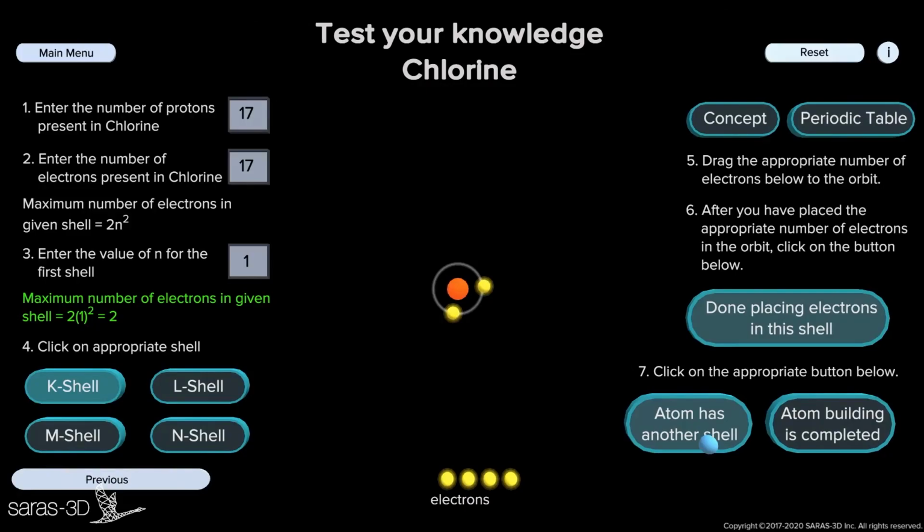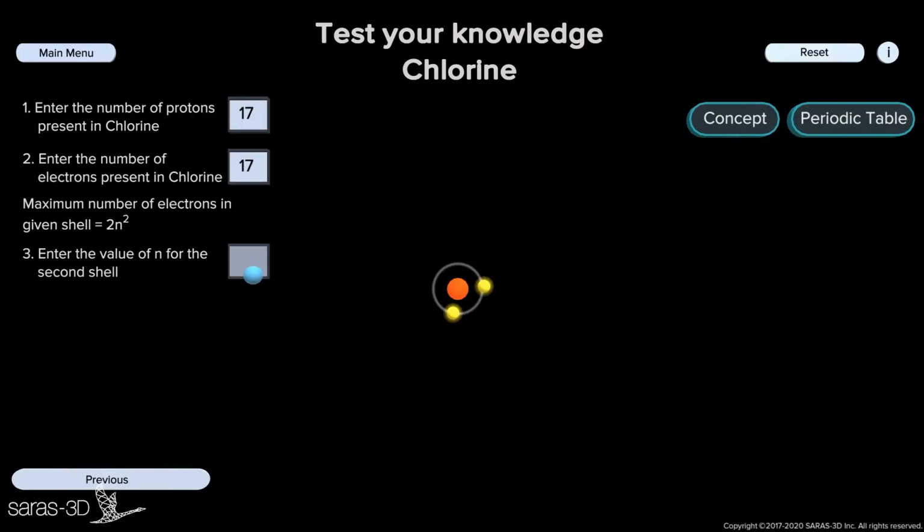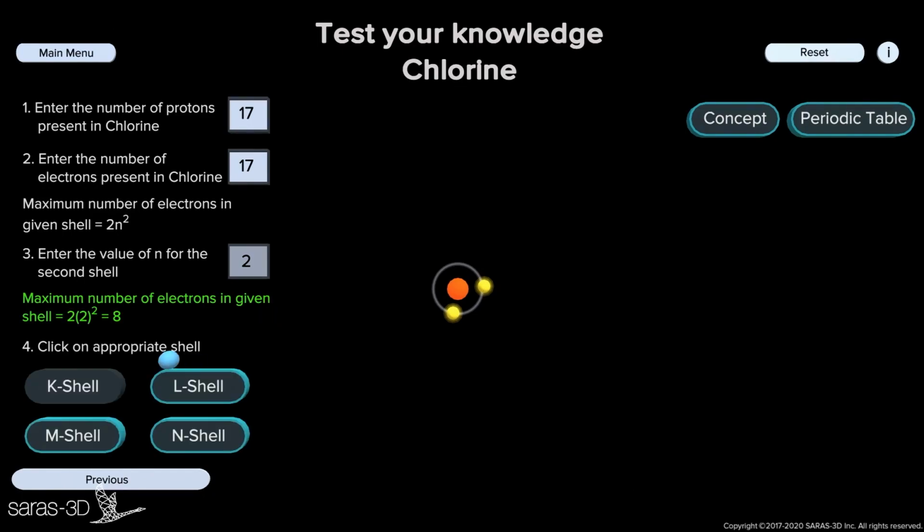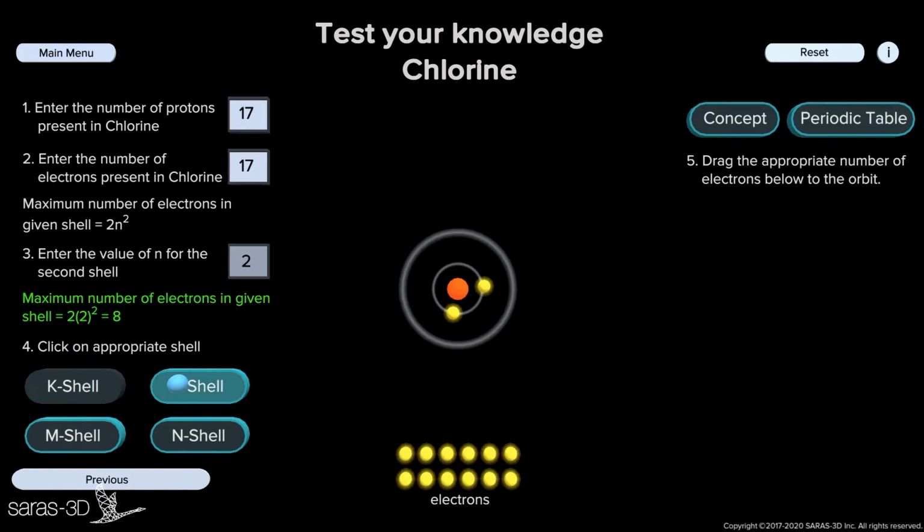Next, we will have, of course, another shell. So the second energy level we will have as n is equal to 2, which will have a maximum number of electrons as 8, which is obtained by this very formula, 2n square. So the L shell, that is the next energy level, will have at maximum 8 electrons.